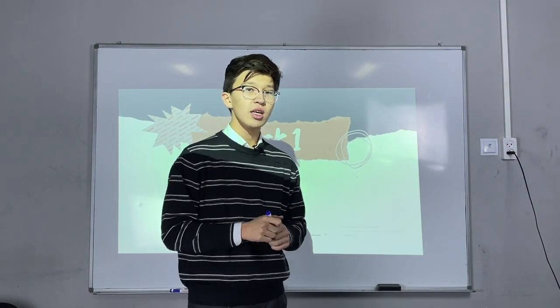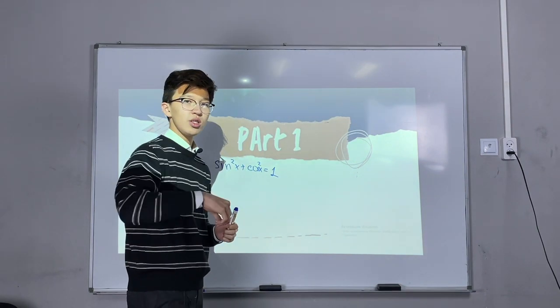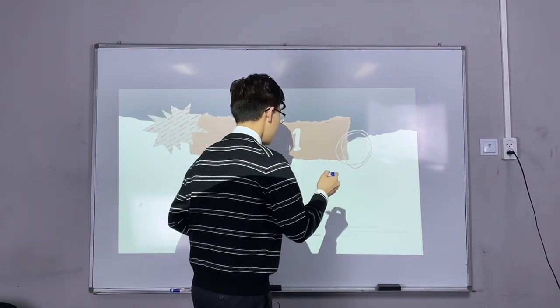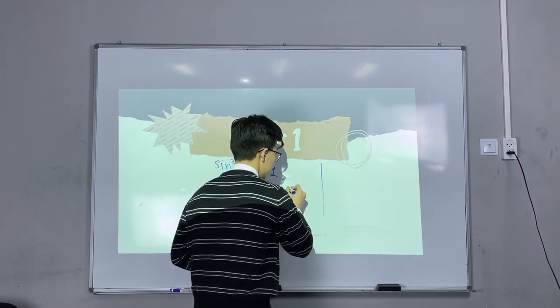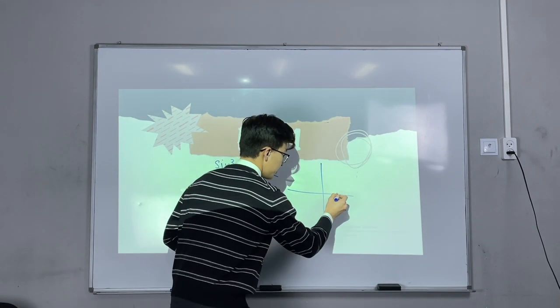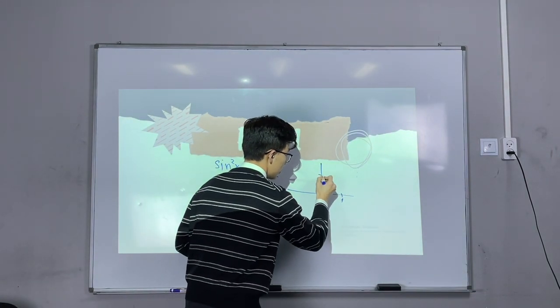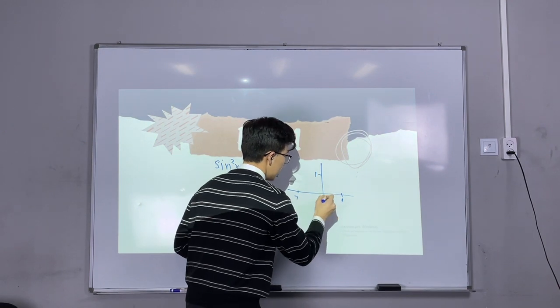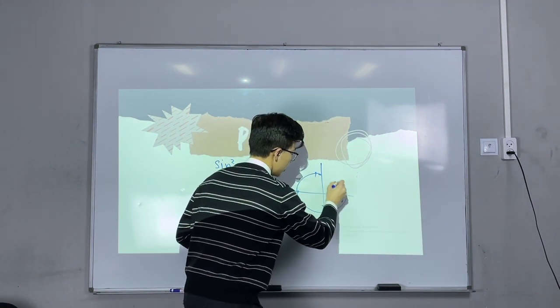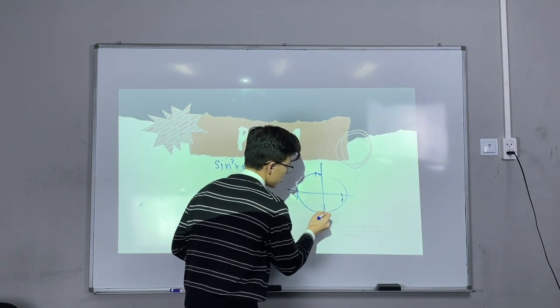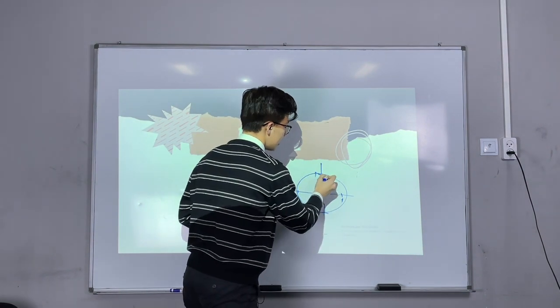For proving it, just draw the unit circle in the plane. For example, here, draw the plane with 1 and minus 1, and our circle will look like that.